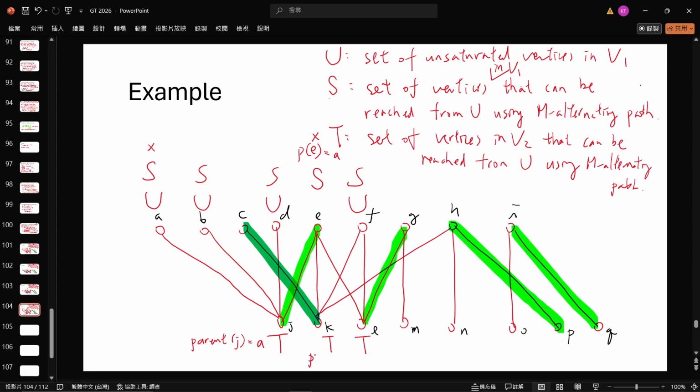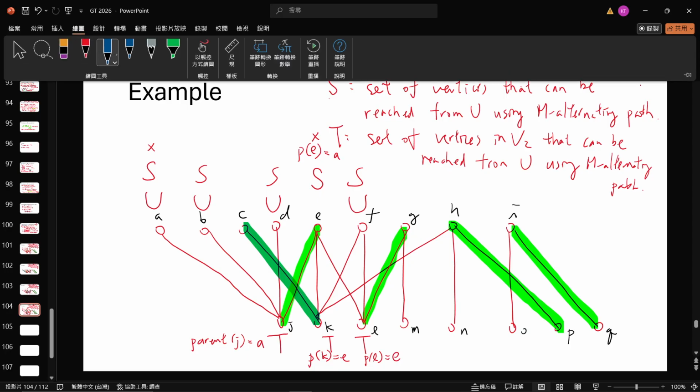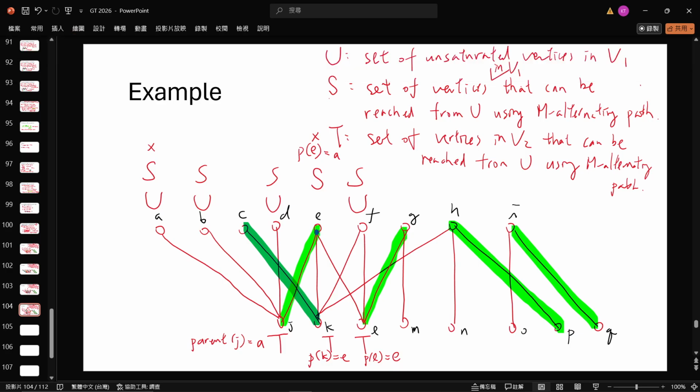The parent of K is E, and the parent of L is also E, because we use this one and this one.